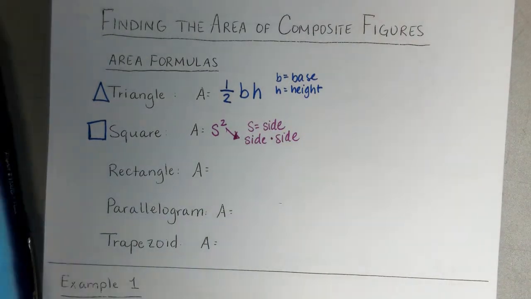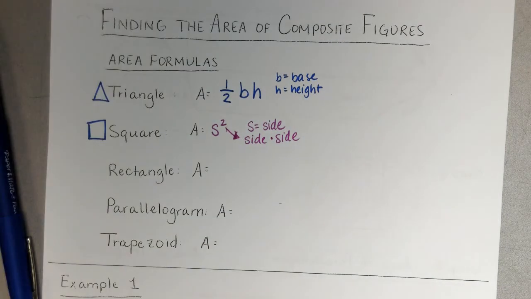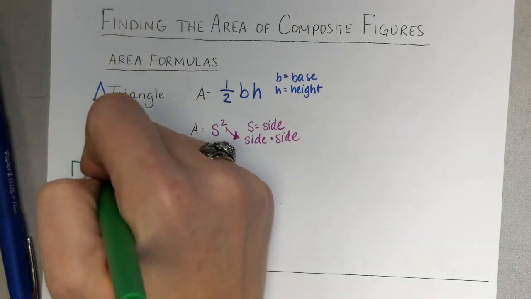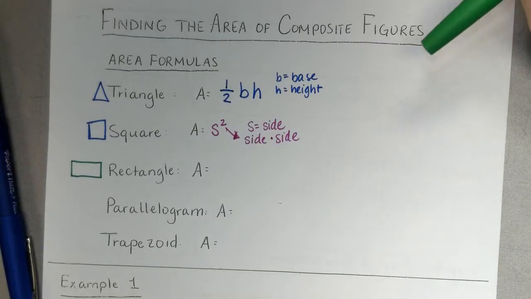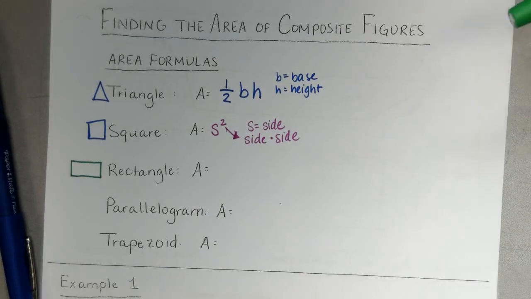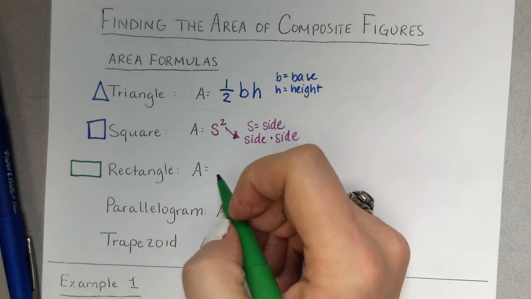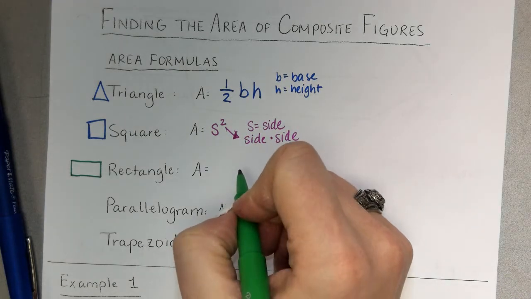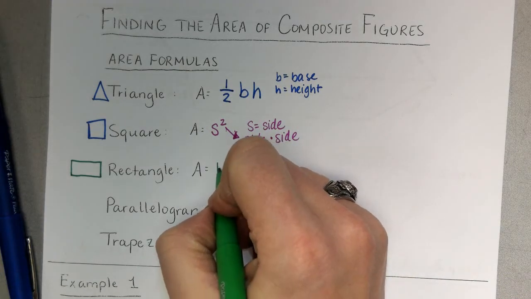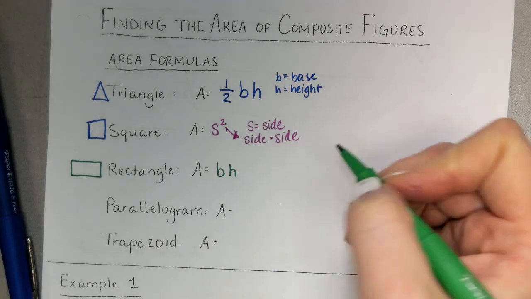For rectangles, the area formula is just base times the height.